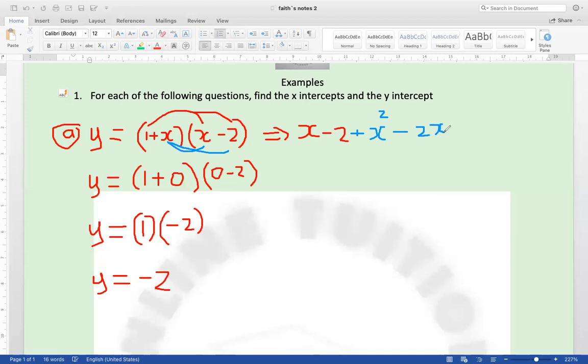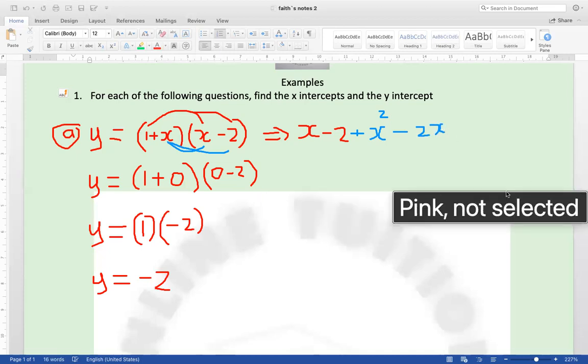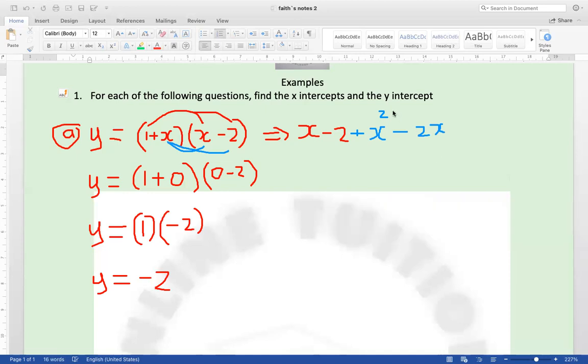At this point, you can collect the like terms. Remember, the term with the highest power will remain. So we'll say y, it's just an expanded version, is equal to x squared, and then this and that, when brought together, we're going to have minus x. Minus 2, which does not have any x value, remains like this.